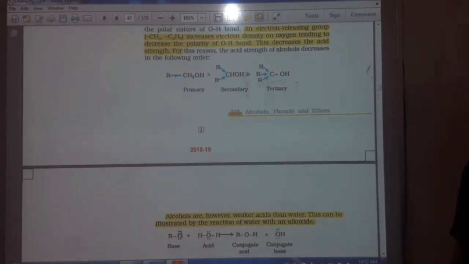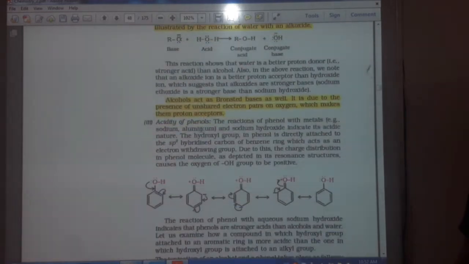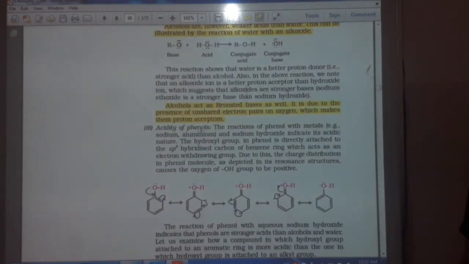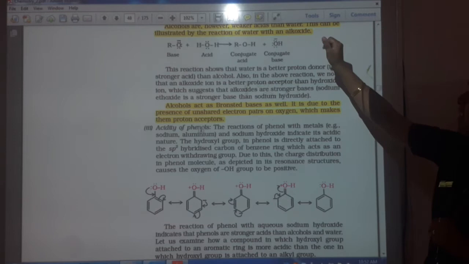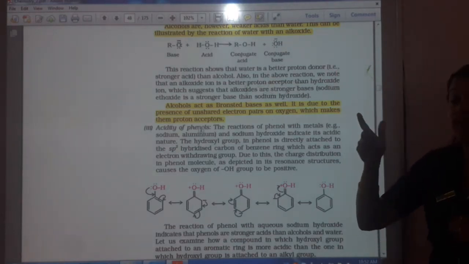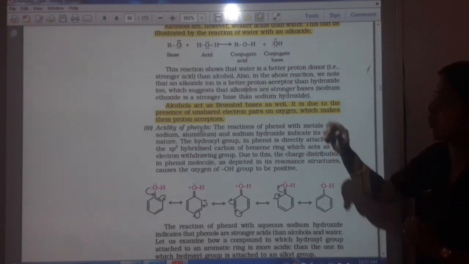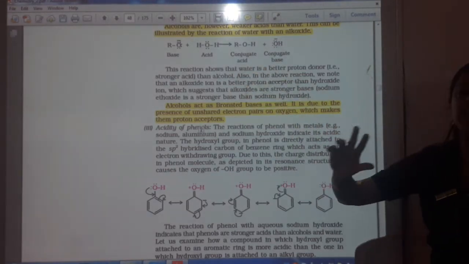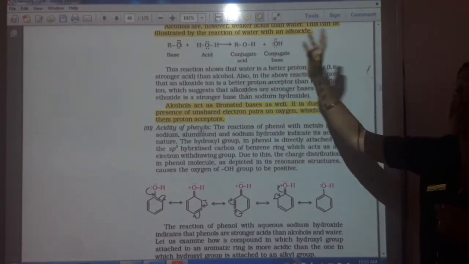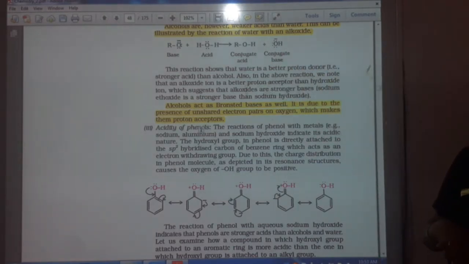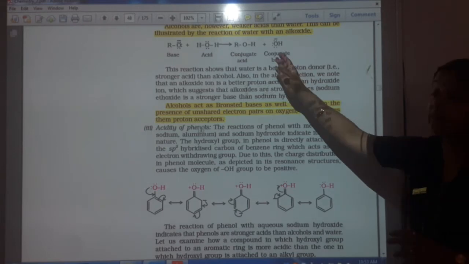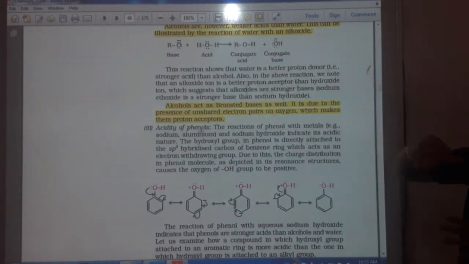That's a very important question again. Now alcohols, however, are weaker acids than water. Alcohols are good acids, I told you, because they are proton donors, but compared to water, they are a little bit weak, because water can donate a proton much better than an alcohol. So that's why we say water is more acidic than alcohol.